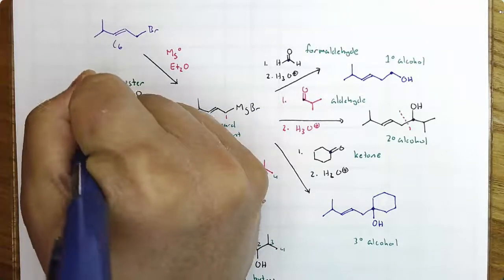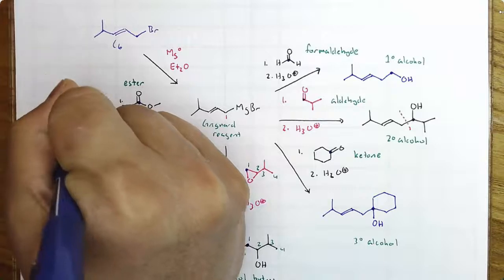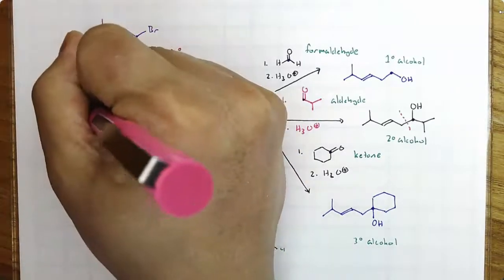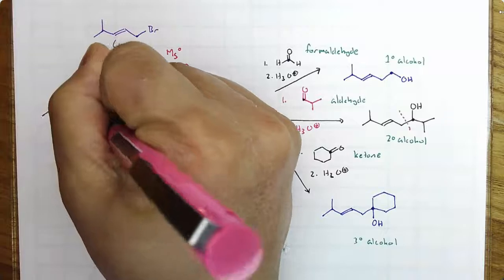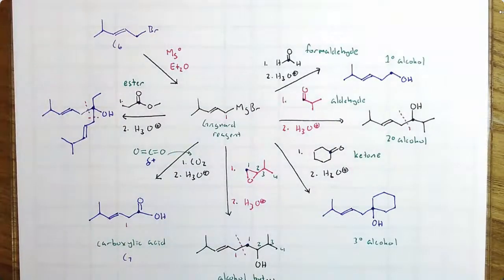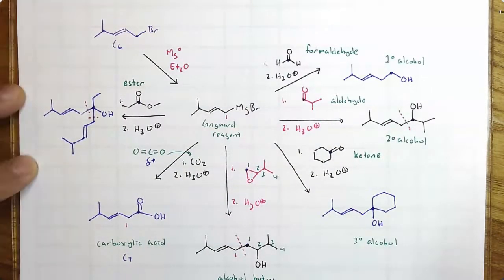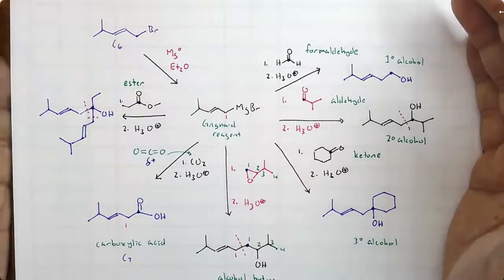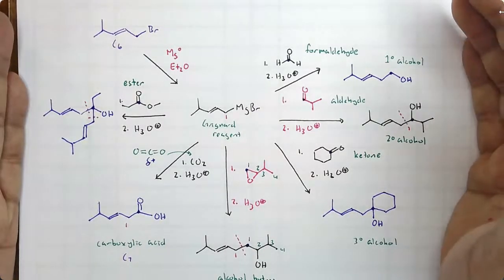So now I really got to be careful that I have the right number of carbons. And we made 2 bonds. We made this bond here, and then this bond here. Again, if you have not gotten up to this reaction yet, don't worry about it. But in whole, by the end of the semester, these are the reactions of the Grignard reagent.